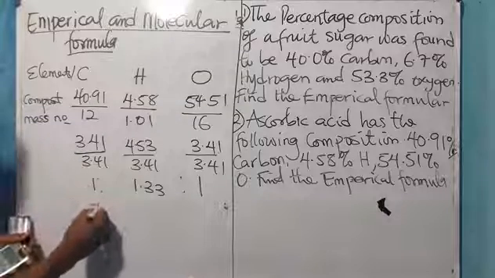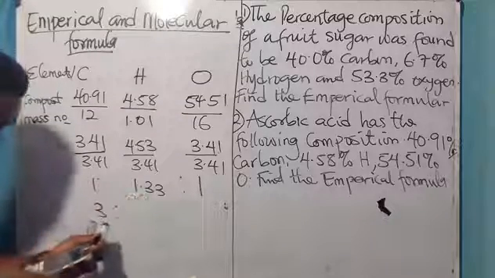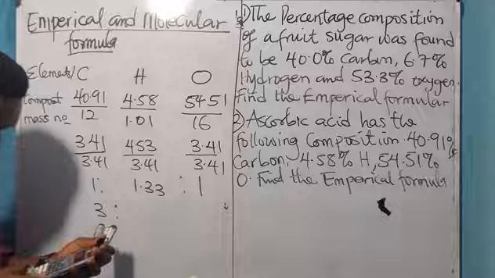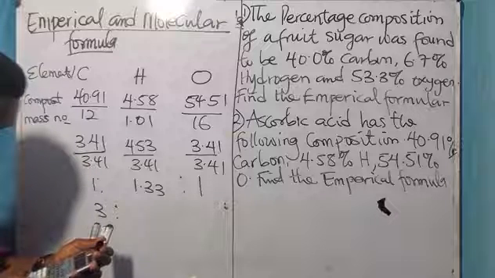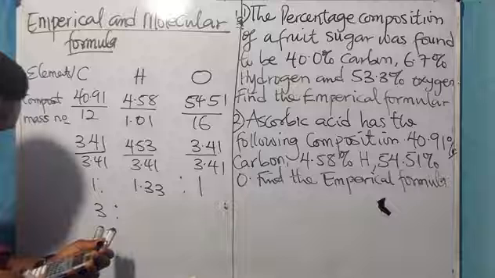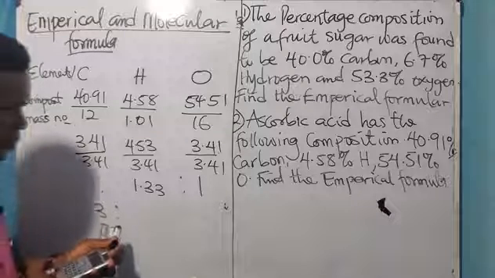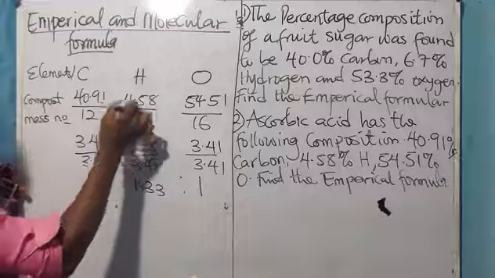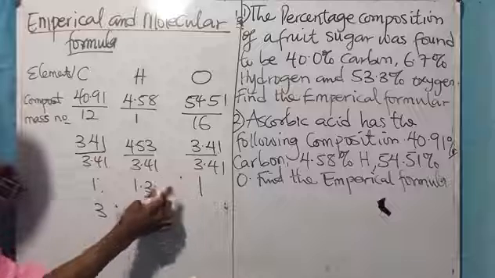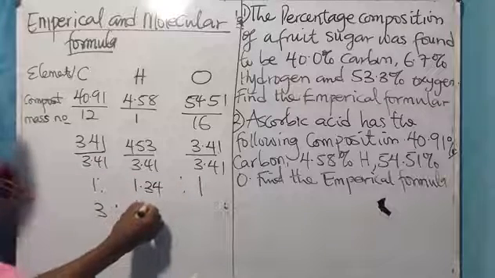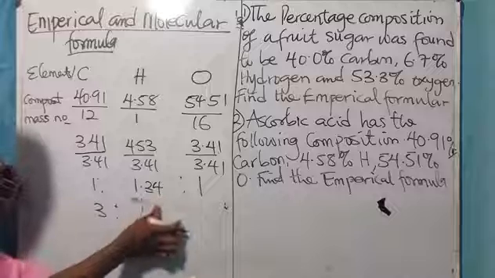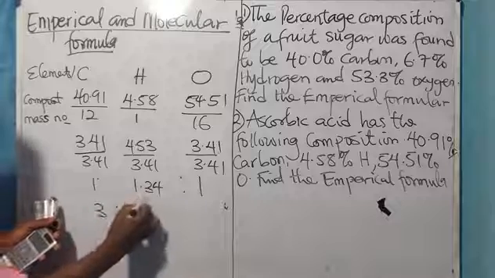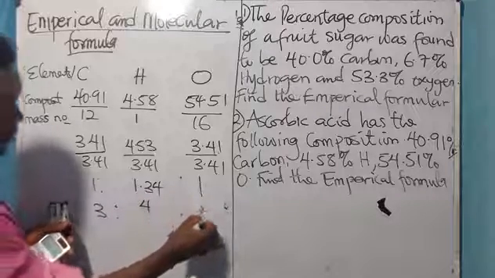So 3 times 1 is 3, 3 times 1.33 is 4, and 3 times 1 is 3.